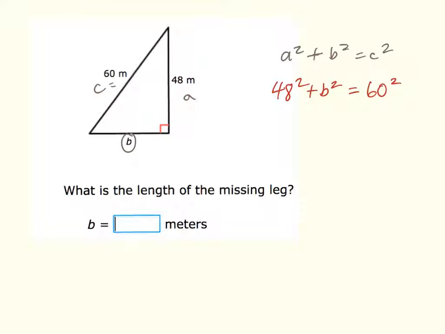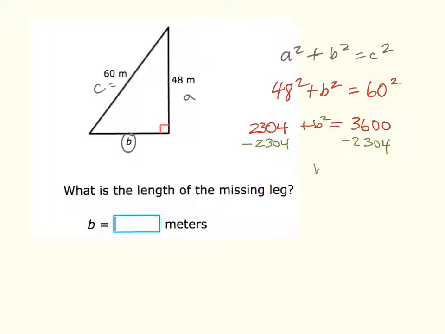Now, I don't know what 48 squared is, but I have a calculator, so I do now know. It's 2,304. Now, I know what 60 squared is because 6 squared is 36, so 60 is just 36 with 2 more zeros. Each of these zeros gets squared too, so it's included. And again, as we've seen, we're just going to subtract in each case when we're missing a leg.